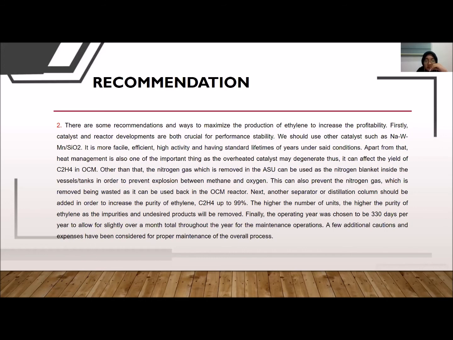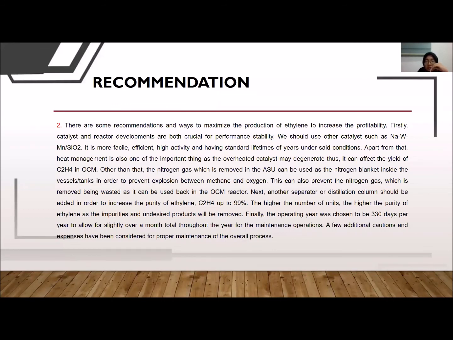Second, the nitrogen gas which is removed in the ASU can be used as a nitrogen blanket inside the vessel in order to prevent explosion between methane and oxygen. Next, another distillation column should be added in order to increase the purity of ethylene.